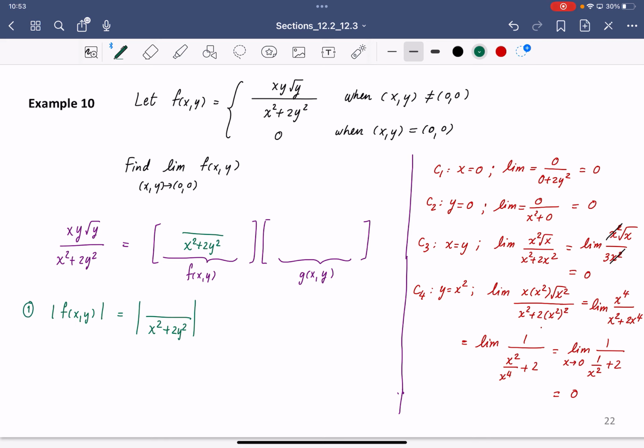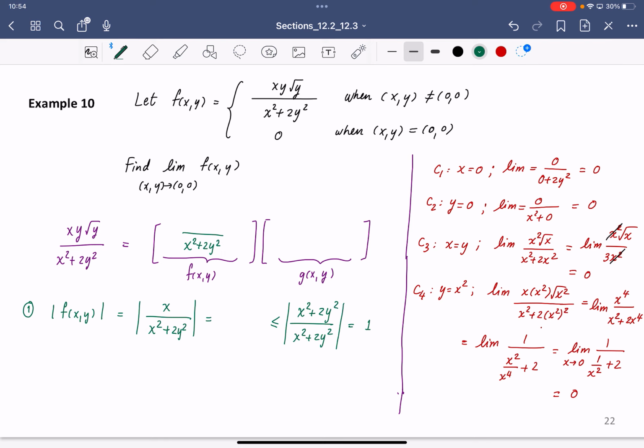How would you bound it? What are you going to pick on the top part? The simple way is you pick x first. Once you pick x here, at the end you need to have something over x squared plus 2y squared.